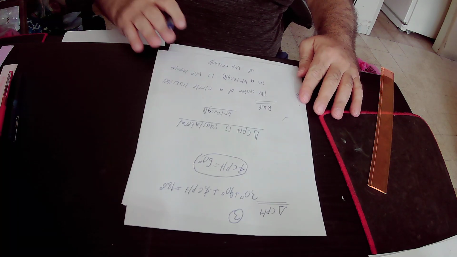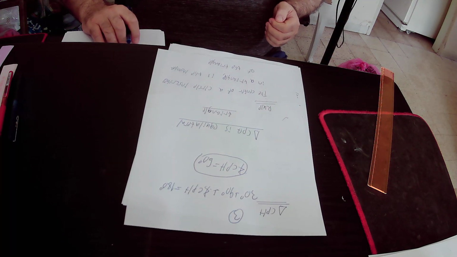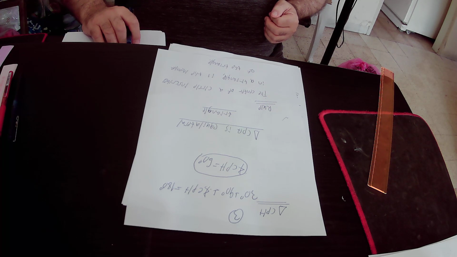So I will read the rule again. The rule states that the center of a circle inscribed in a triangle is the incenter of the triangle.